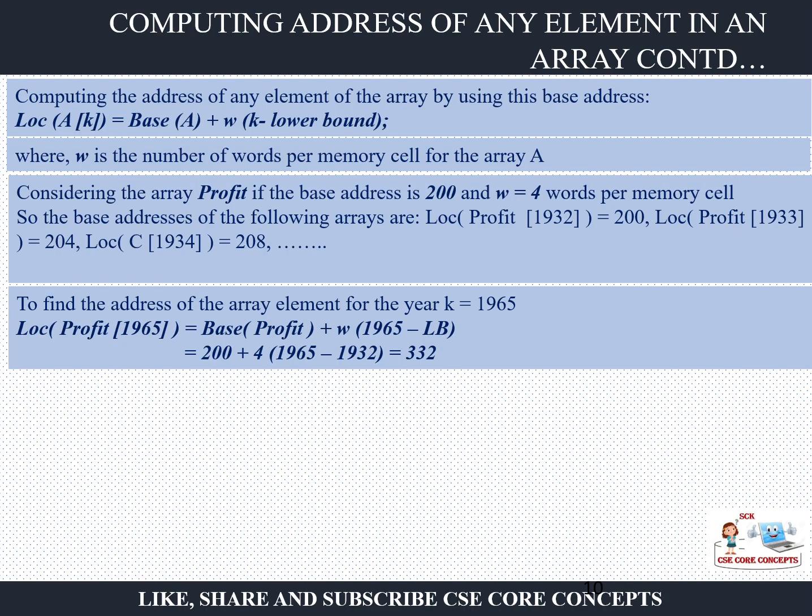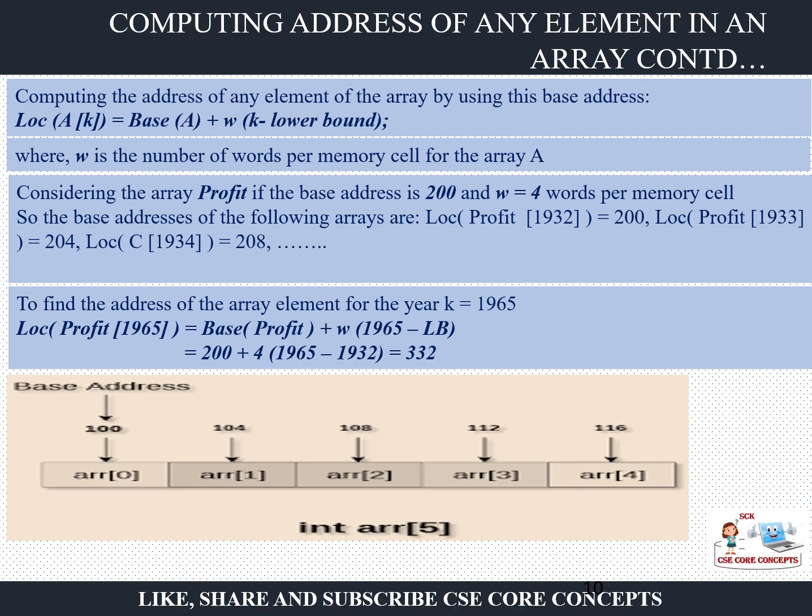If I solve this, I get 332. That means at position 332, my value for the year 1965 is stored. So using this formula, you can retrieve the memory location of any element of the array.